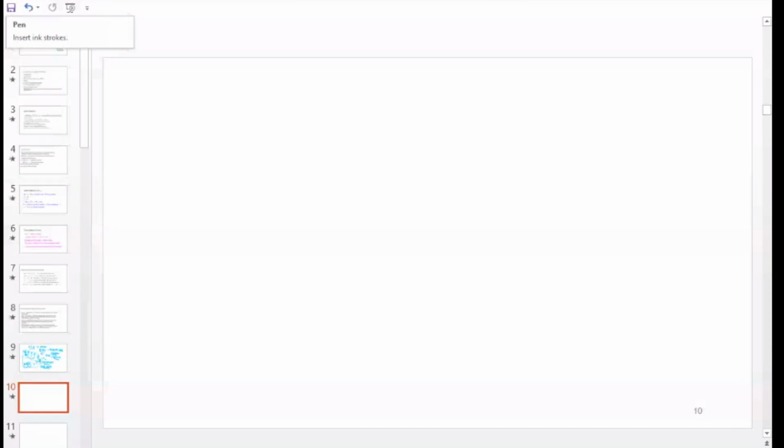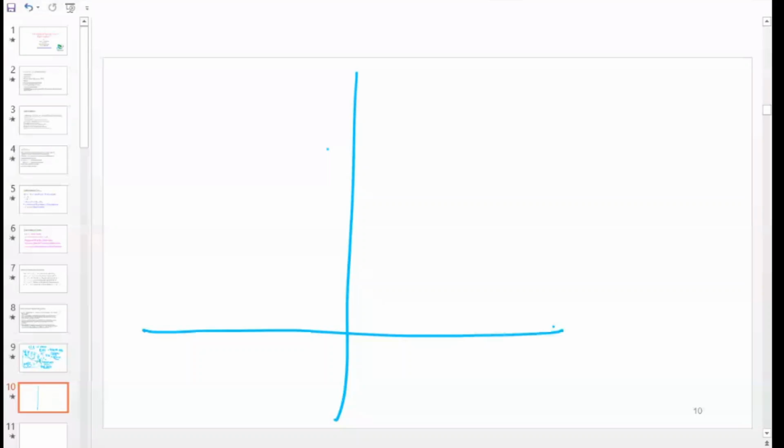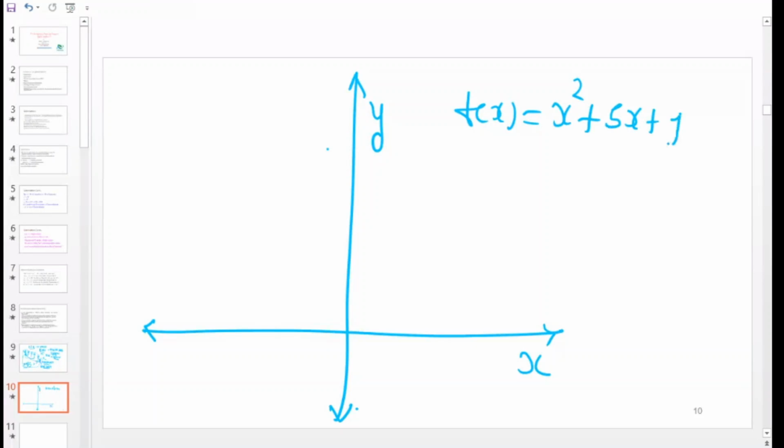Now we will try to solve a simple sum using PSO, and we will see the mathematical equations of PSO. Suppose I have an objective function, f of x equal to x square plus 5x plus 10.